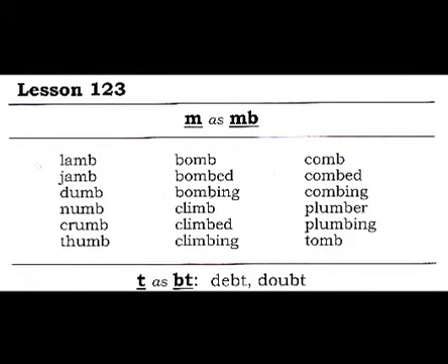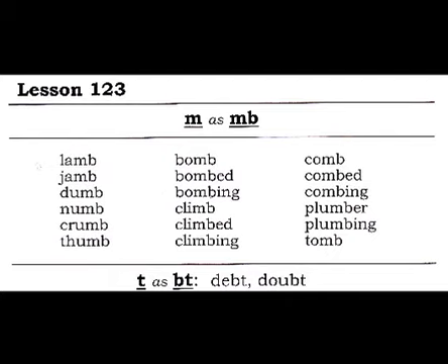In Lesson 123, we take up M as spelled M-B in such words as lamb, L-A-M-B. We don't say lamb with a B, we say lamb. Jam, the door jamb, J-A-M-B. Dumb, D-U-M-B. But in the word dumbbell, you hear the B. Crumb, C-R-U-M-B, crumb.